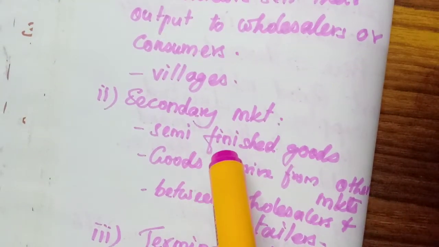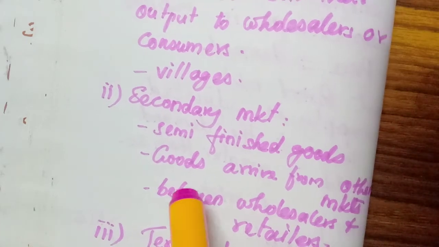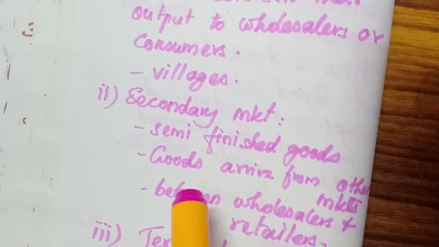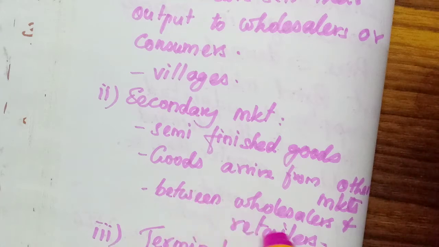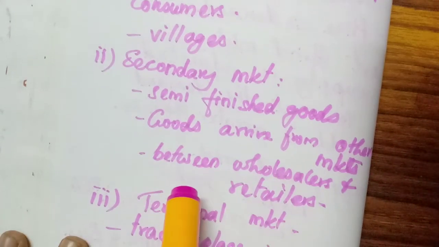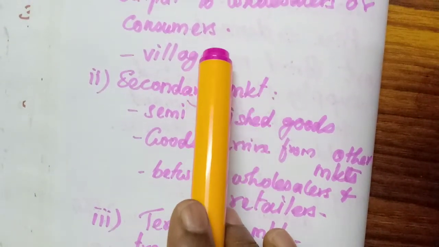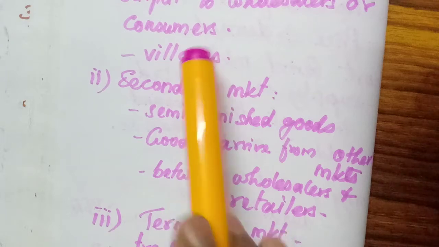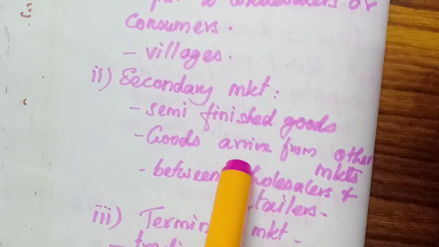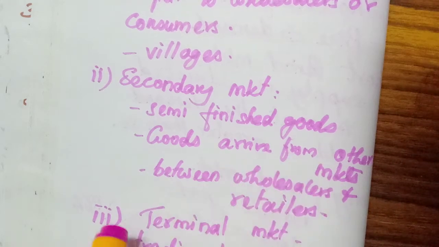Then the other one, the secondary market. Secondary market means here they deal with semi-finished goods. They will not sell only in the same villages; goods can arrive from other markets and other places also.